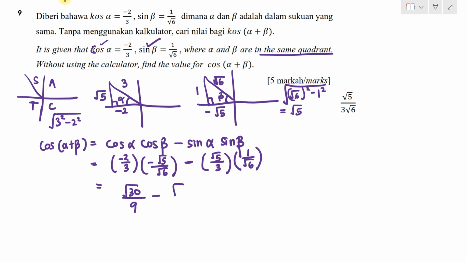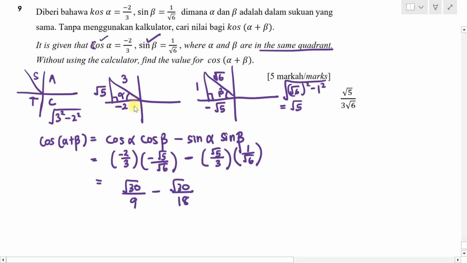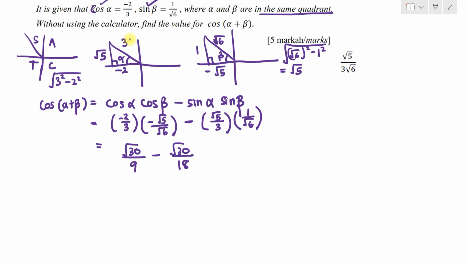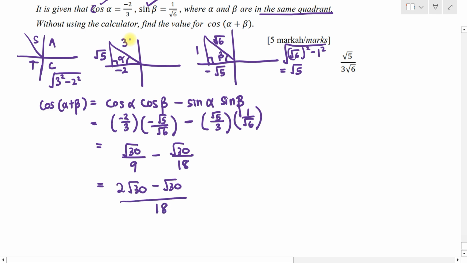So I'm getting square root 30 over 18. To make the same denominator, I need to multiply by 2. 9 times 2, right? So 2 square root 30 minus square root 30 over 18.